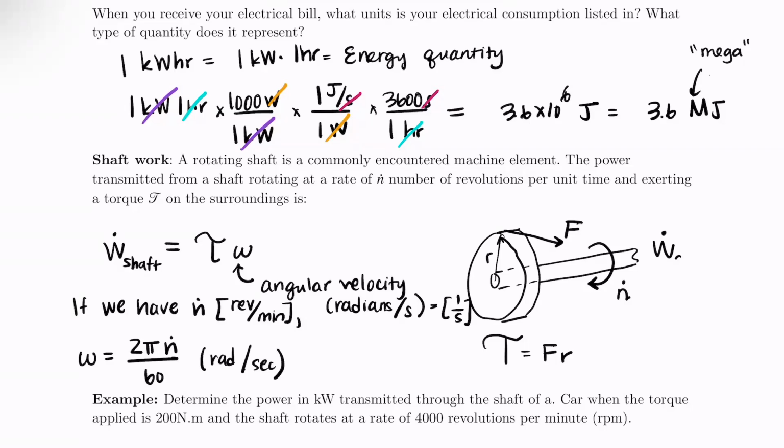So we can write that W dot for this shaft is equal to 2 pi n dot times torque. Let me just note, this symbol that I've handwritten here is meant to be torque.